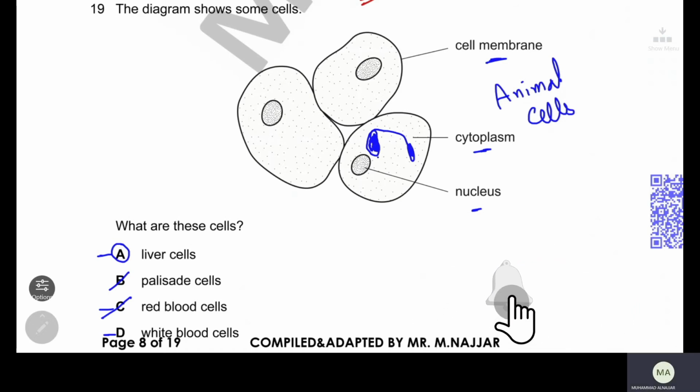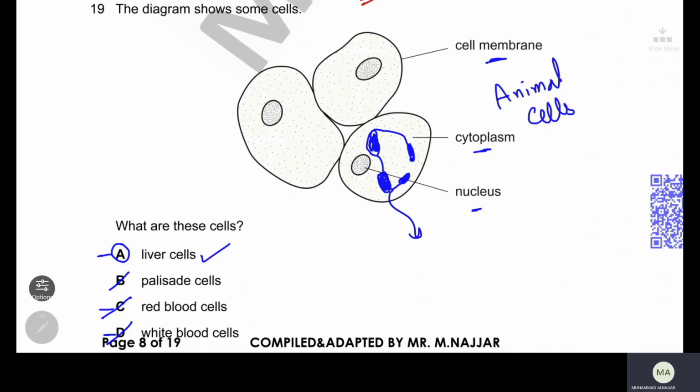The illustration of the white blood cell will come in chapter number 9, where we talk about transportation in humans. So we exclude the white blood cell and it is a liver cell.